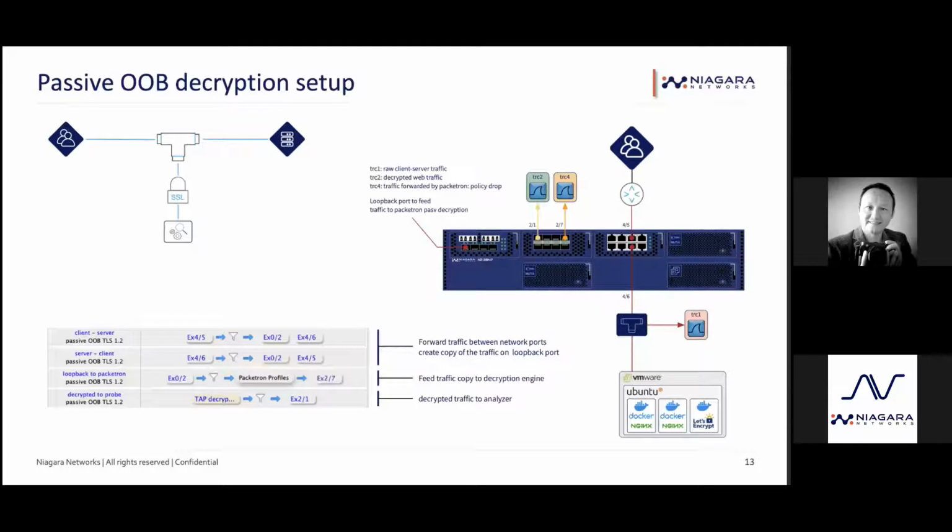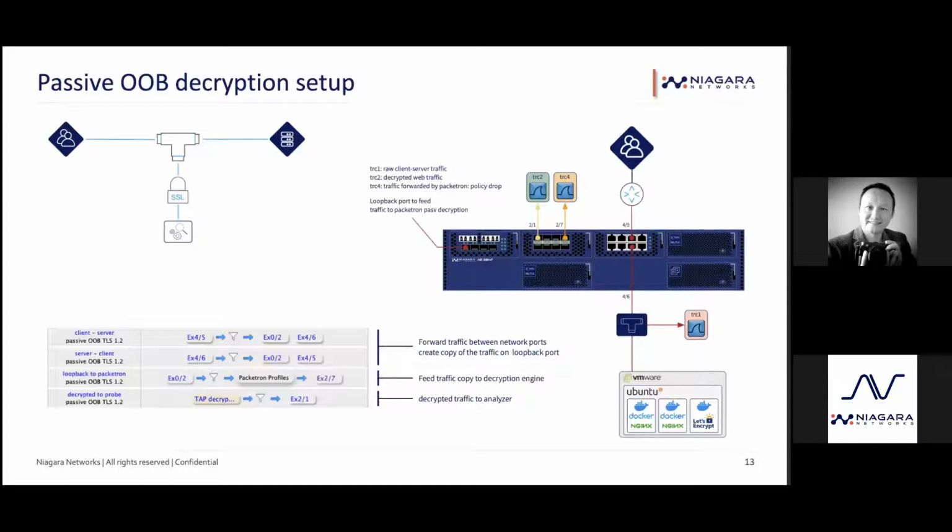So you will see 2 SSL engines running, one for passive decryption, one for active inline decryption, and another packetron running VMware to run virtual systems and to demonstrate these closely integrated applications as well.